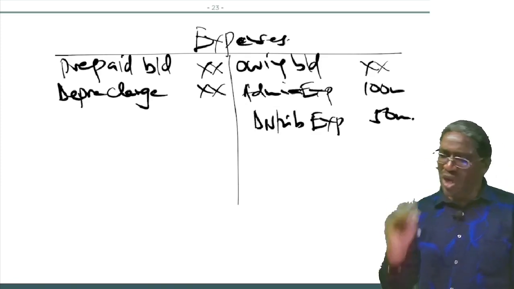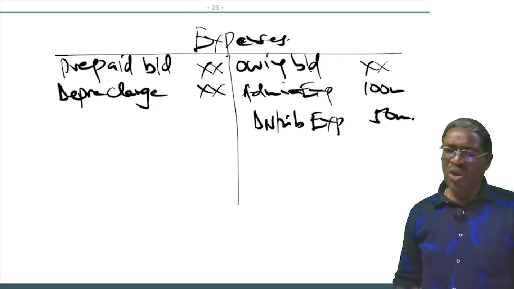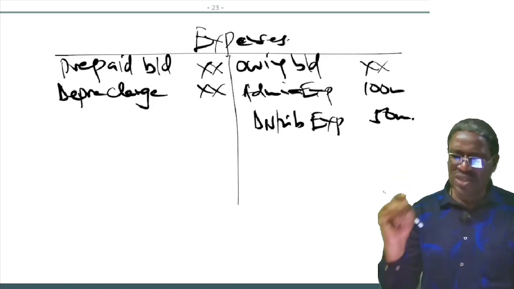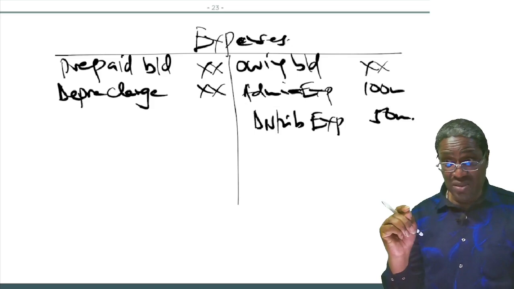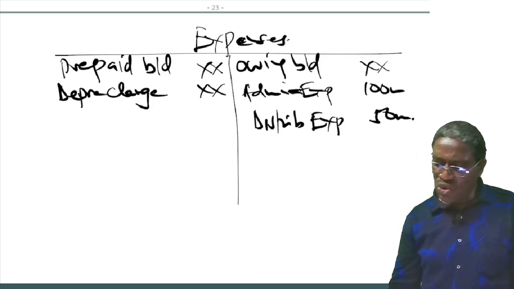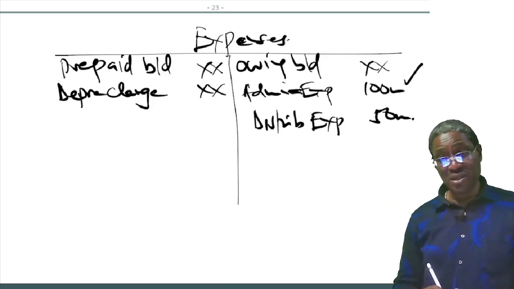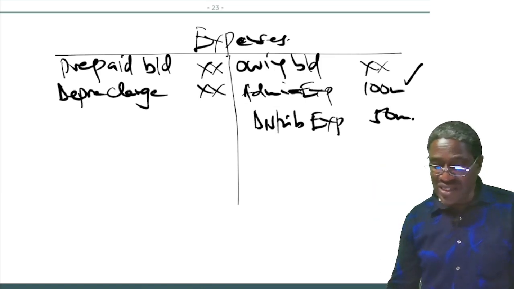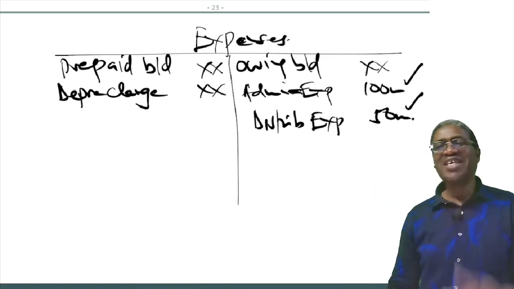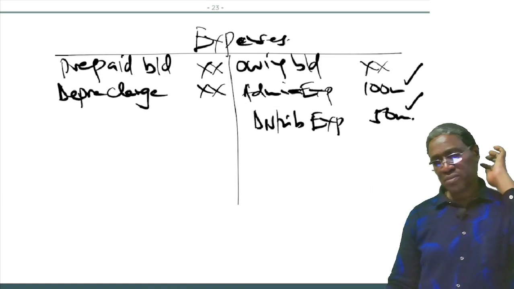Now, I want you to tell me, what are some other expenses that your company could have incurred and either included them as an admin expense or included it as a selling and distribution expense, yet no cash was paid for them?